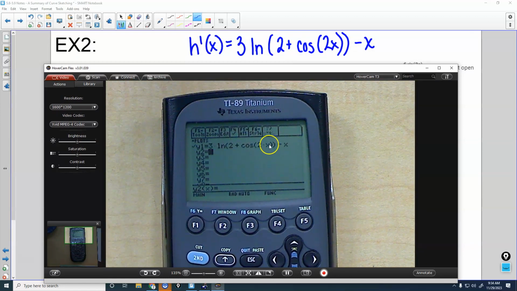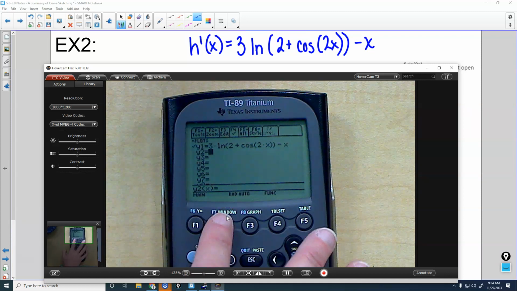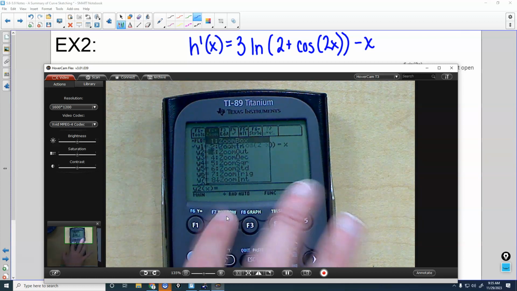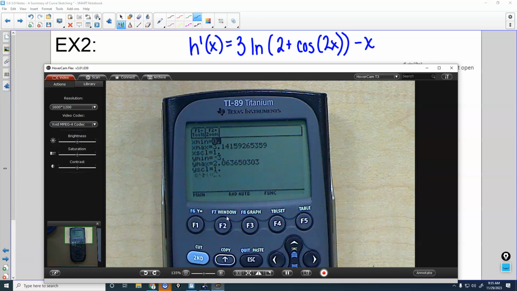Okay, so we're putting that equation into our y equals. And they give us a window to look at. They say negative 2 to 2. So if you do F2, it says zoom. No, I don't want that either. I want to do the green button and F2, which will take me to my window. Then I will enter negative 2 for my x min, positive 2 for my x max.